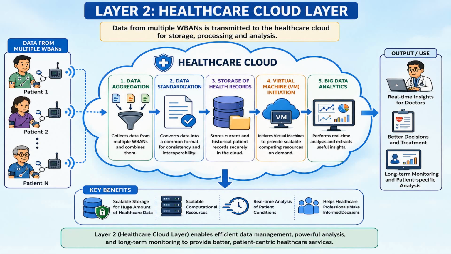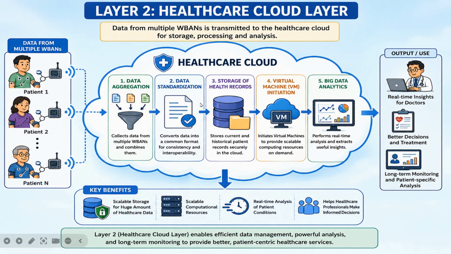Here you can see there are multiple patients wearing physiological sensors that continuously monitor vital signs such as heart rate, blood pressure, oxygen saturation, and temperature. The data collected from these sensors is transmitted to the healthcare cloud through wireless communication. Since the data arrive from many patients simultaneously, the cloud must efficiently manage large volumes of healthcare information.